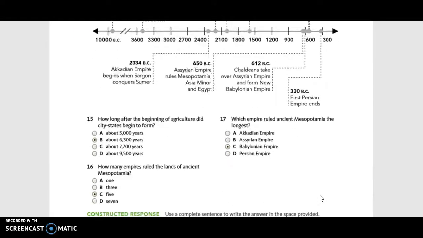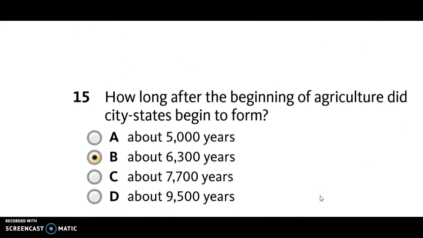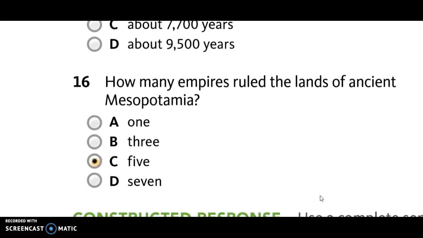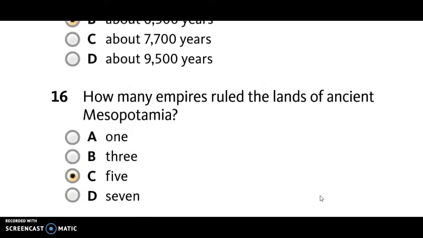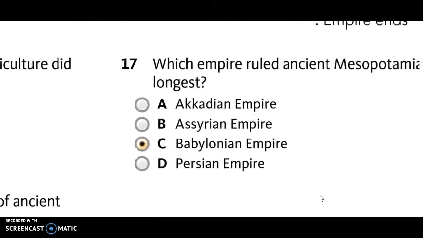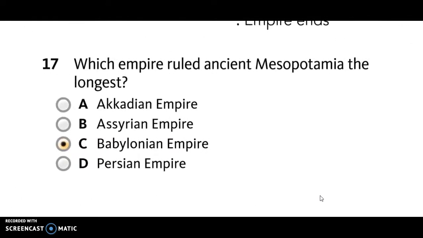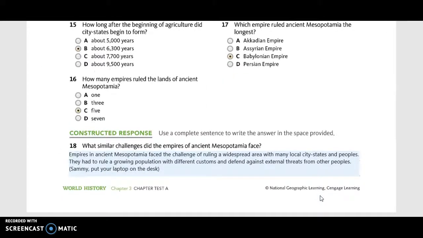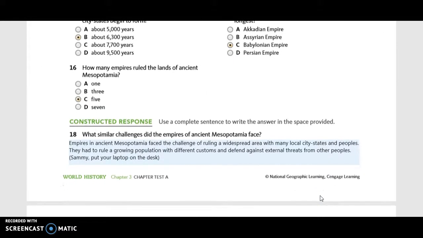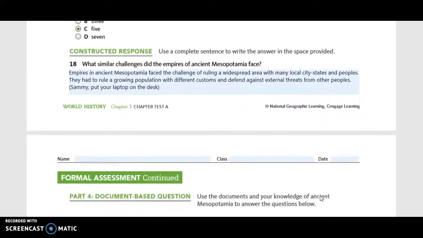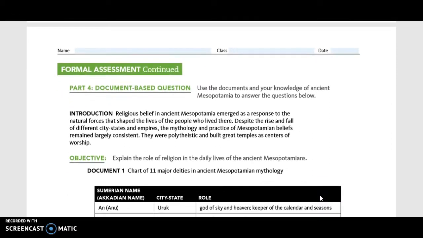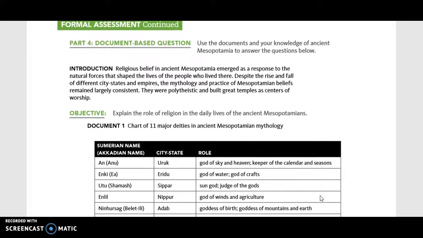And the following answers. Then we continue on with some constructed responses. You can pause them to read them through if you need to. And again, this was just a primer just to get them ready to take the test.